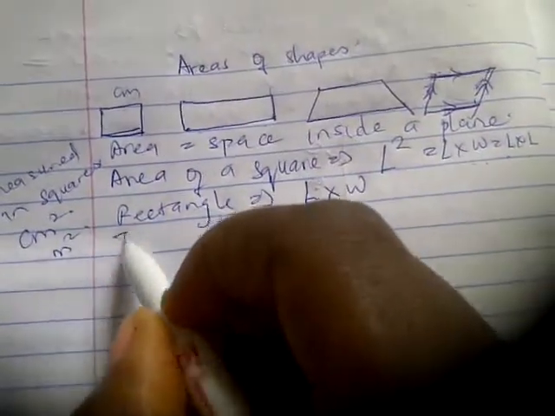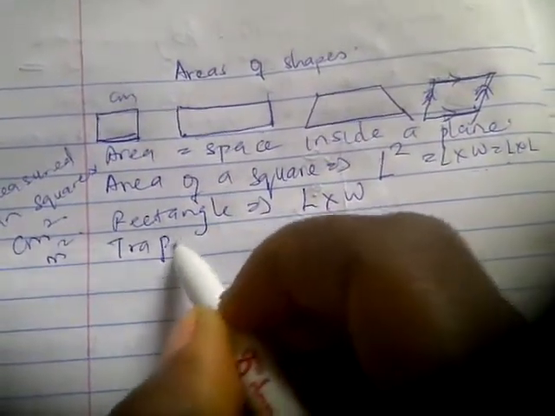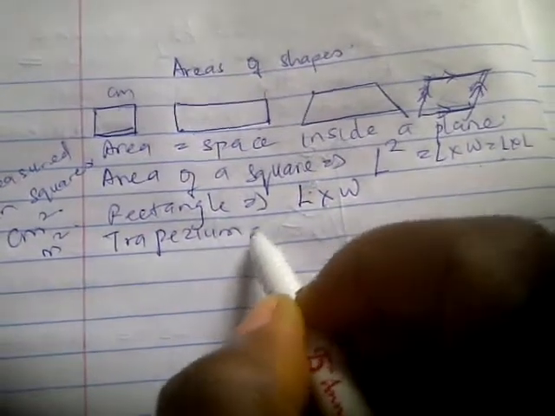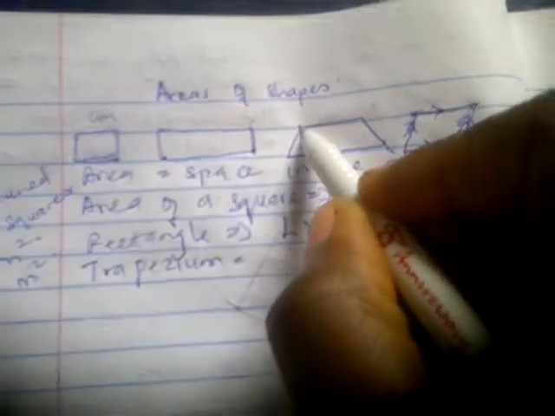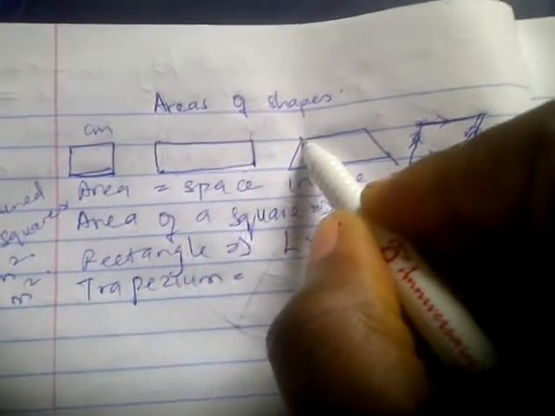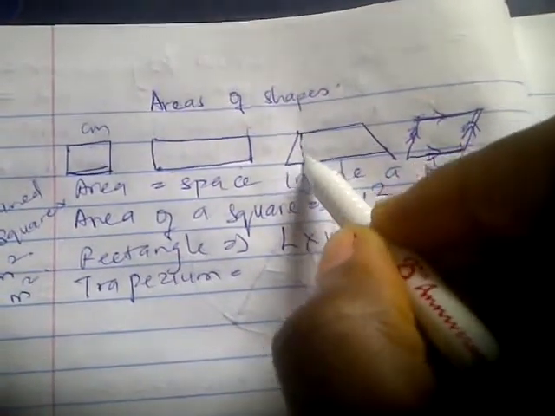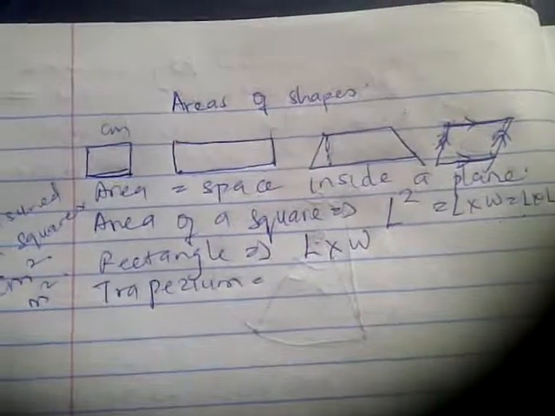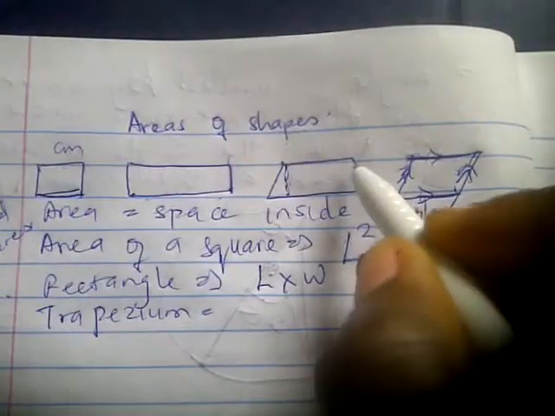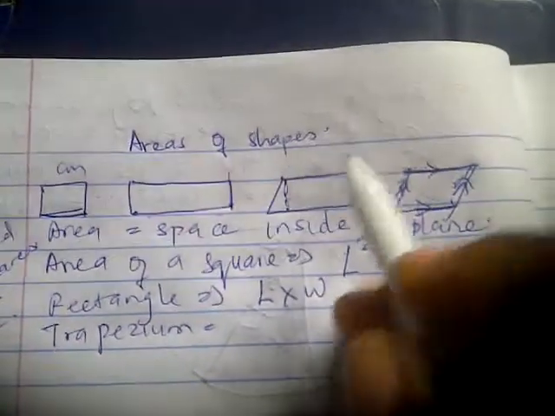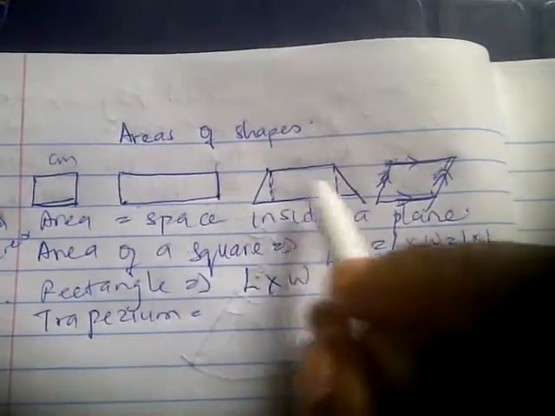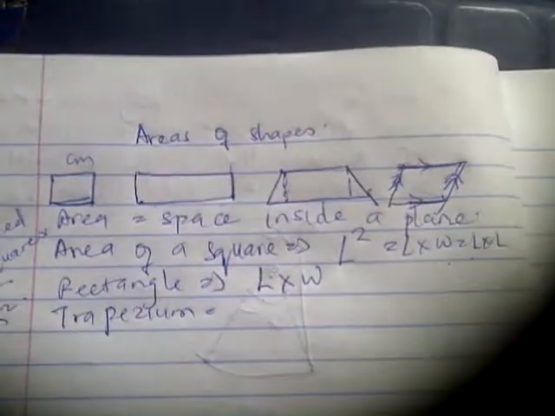Then for a trapezium, this trapezium, we can call this the height, the real height. Now you know when you divide a trapezium this way, it is more like a rectangle and two triangles.